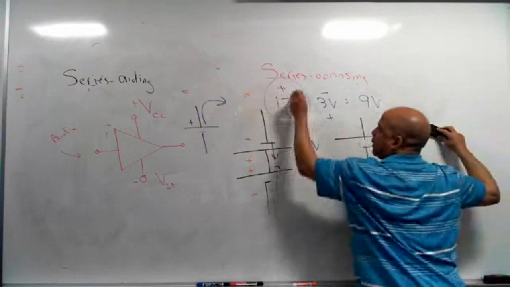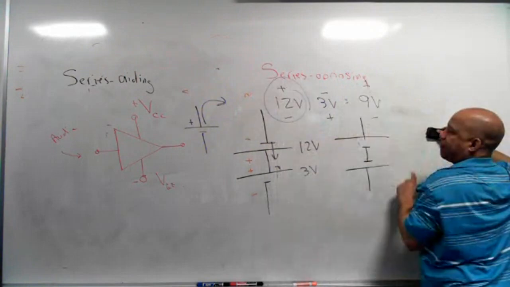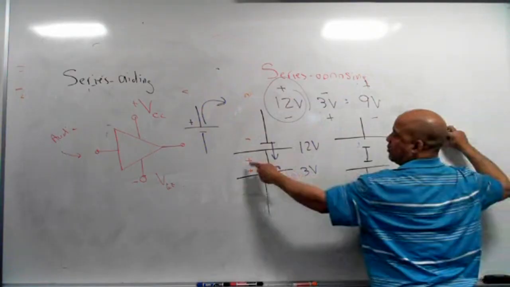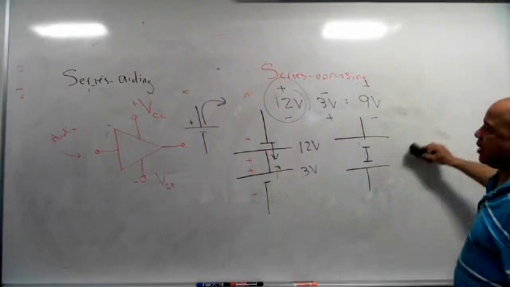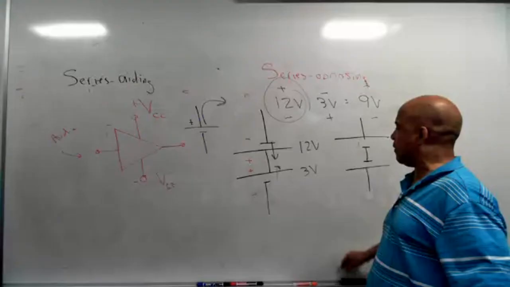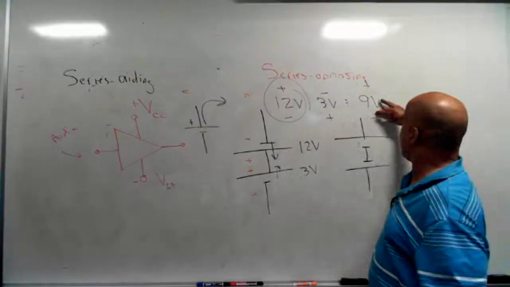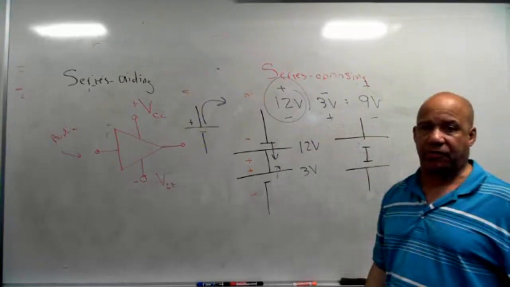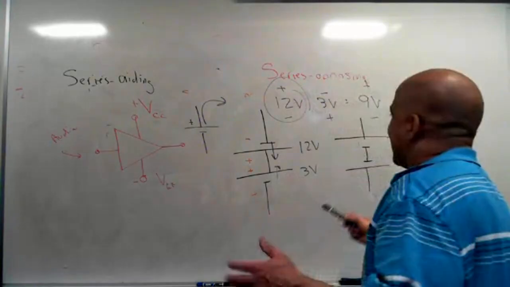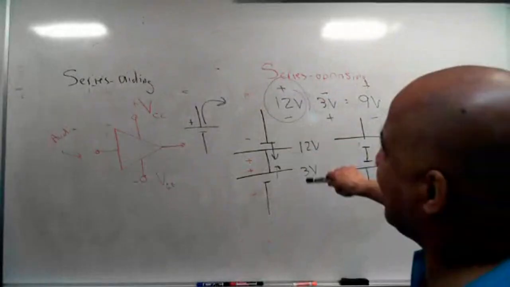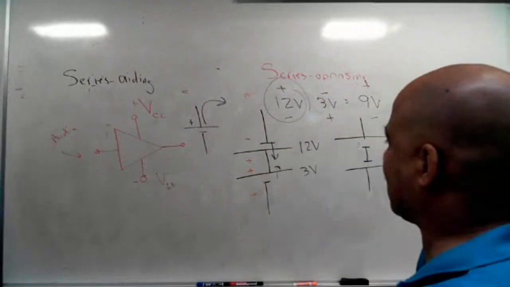I'm going to have the polarity of the bigger voltage source, so it'll be like that. I actually have these reversed, but hopefully you get the idea. You just subtract them, and whatever the bigger number is, you keep that polarity to get your difference. Don't focus too much on that. Know what it is and know how to subtract them.